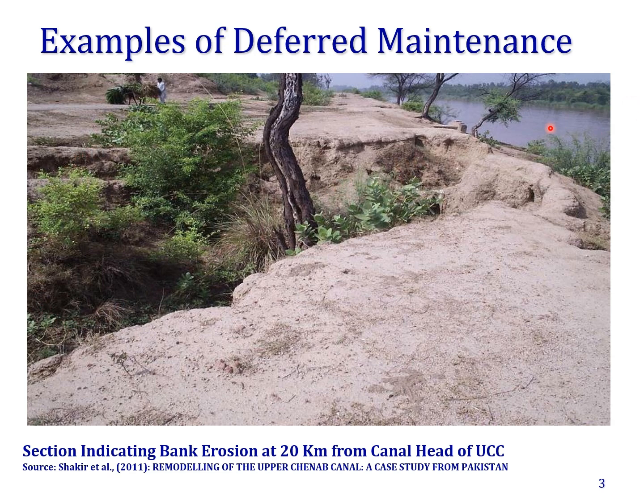Here you can see the canal water, and you see vegetation and tree growth. This erosion may gradually proceed towards the water of the canal, and ultimately breaching can happen. This picture is actually for the UCC canal, Upper Chenab Canal, at 20 km from the canal head regulator.